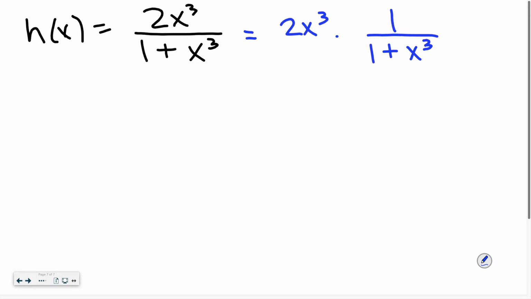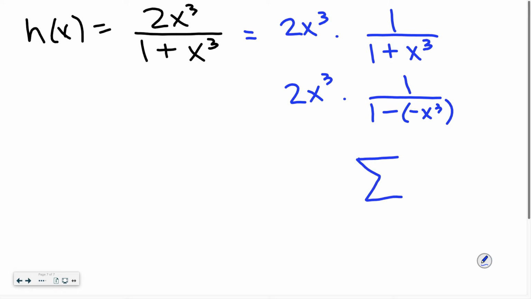Yeah, we did. We talked about how it still models that geometric series if you rewrite it to be 1 minus negative x cubed. So what we can do is change this right here, like we did a couple slides earlier, to be our -1 to the n, x to the 3n.